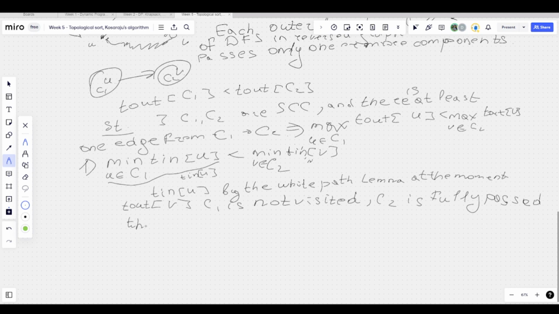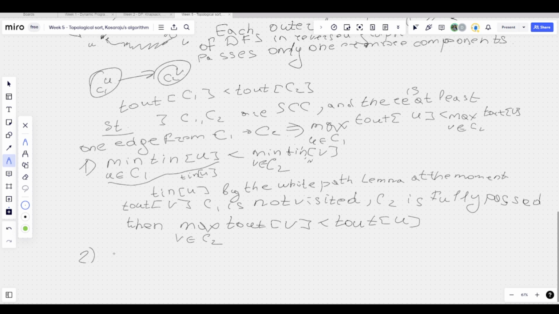Then we get max v belongs to C2, t out from V is less than t out of U. We just use the white path lemma.